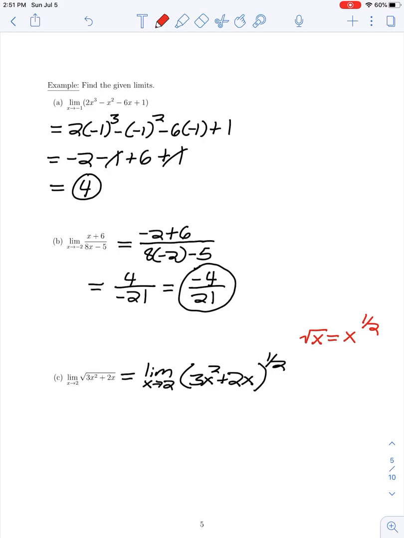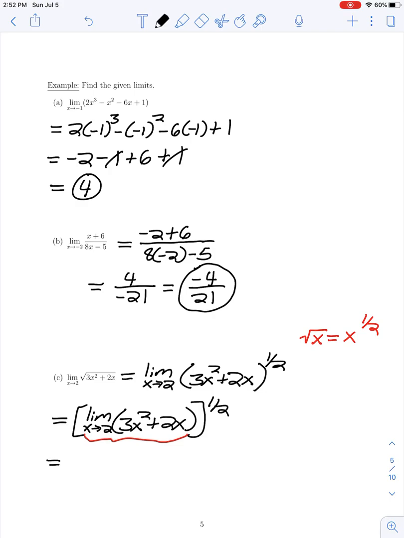And what this allows me to do is make use of the power property for limits. Namely, the limit of a function being raised to a power is the same as first taking the limit of the function, 3x squared plus 2x, and then raising that value to the 1/2 power. Now, inside of our brackets here, we're working with the limit of a polynomial function, and as we did in part A, to evaluate the limit of a polynomial, we can simply plug in the given value for x.